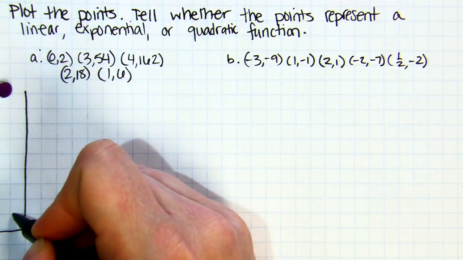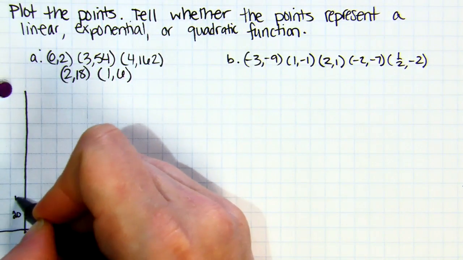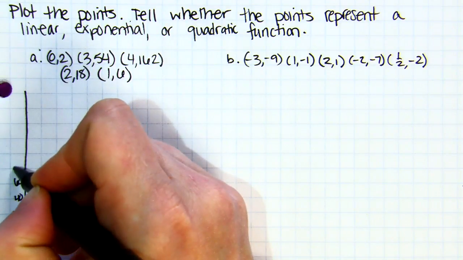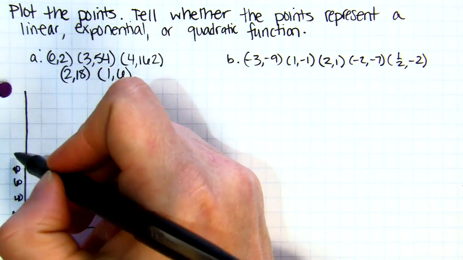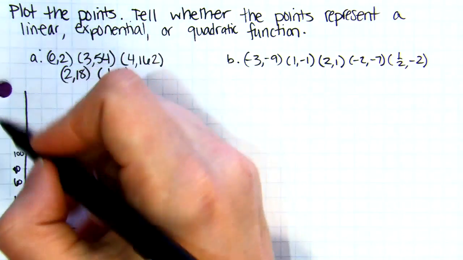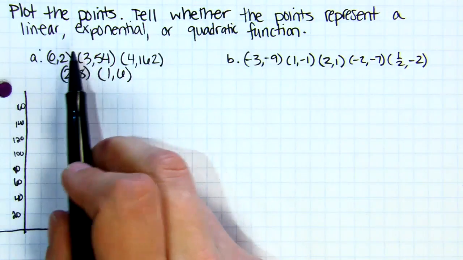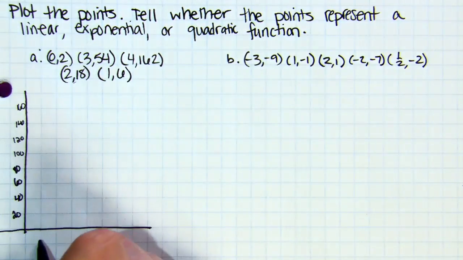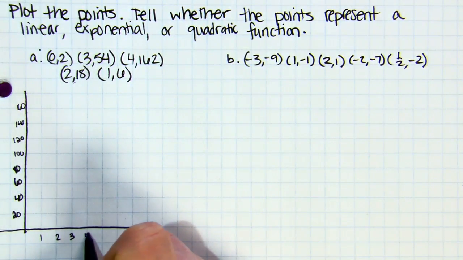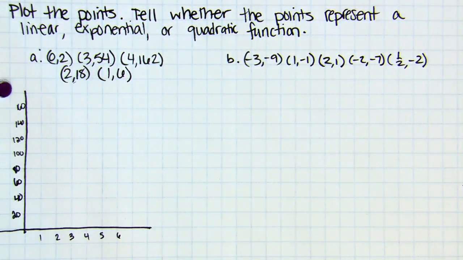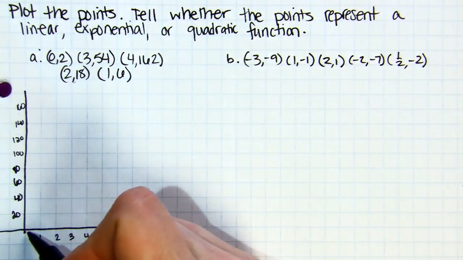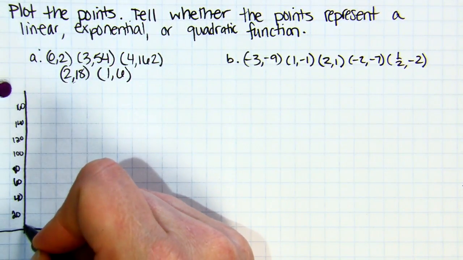So let's make these maybe 20s. 20, 40, 60, 80. I probably could have gotten my 10s, whatever. 100, 120, 140, 160. And then I'm just counting by ones for my x values. Okay, so when I put in 0, I get out 2, which is going to be way down here.